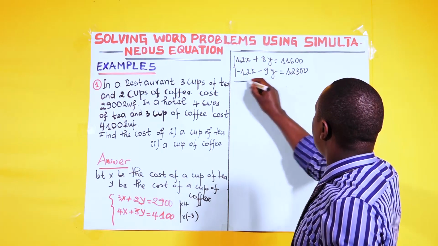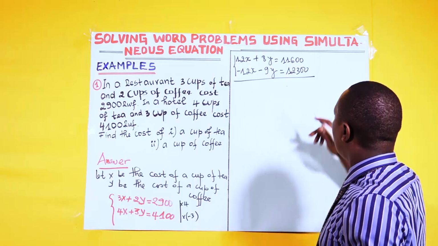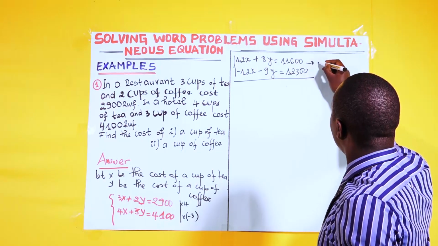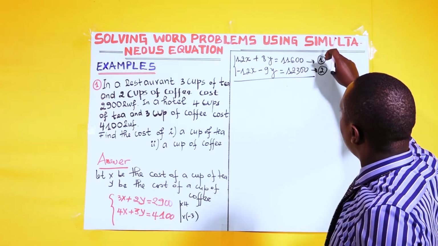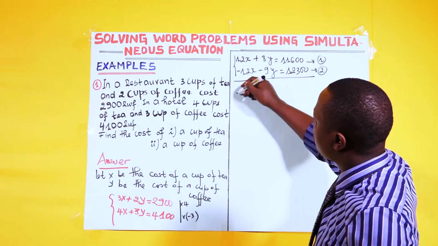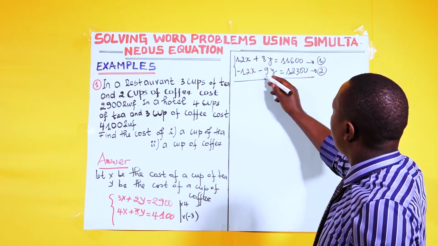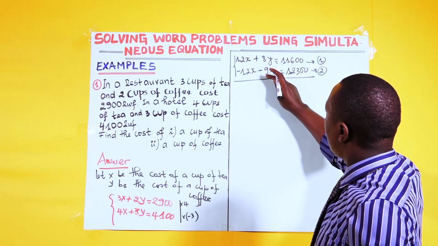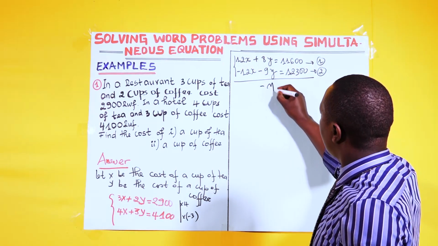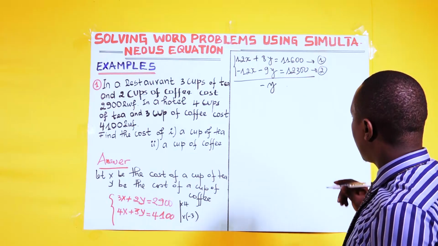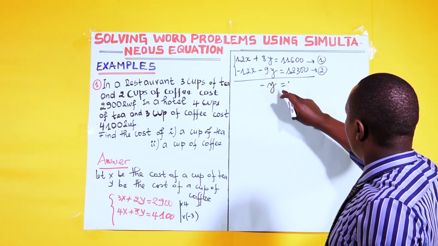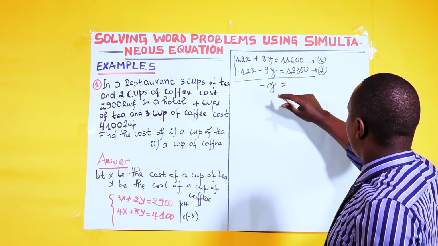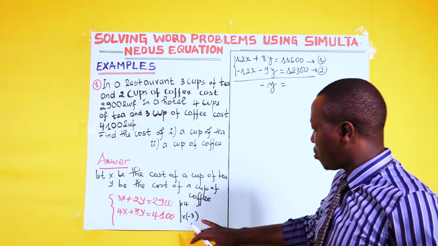So let us add the first equation and the second. When you add the first equation and the second, the x terms will cancel each other. Then you remain with what? 8y minus 9y, you remain with negative y. Negative y equals what? Here there is a negative because we are multiplying with negative 3.